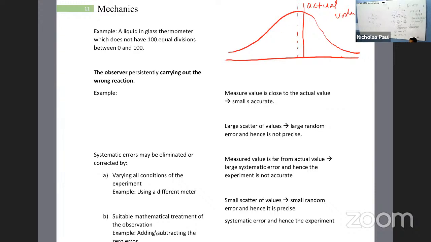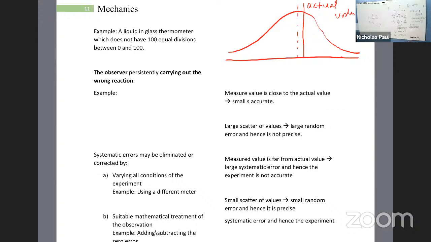All right, so watch here. Here we have a distribution. We obtained a whole set of values here, and the measured value, the dotted line, is like the average value. The average value is close to the actual value.